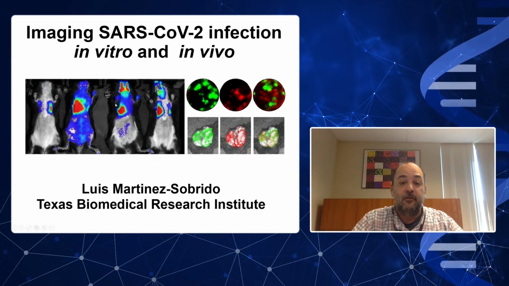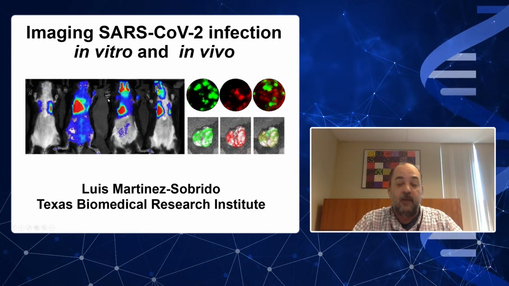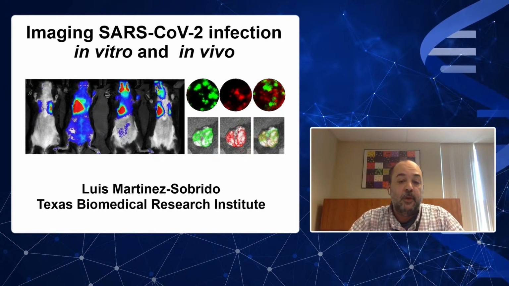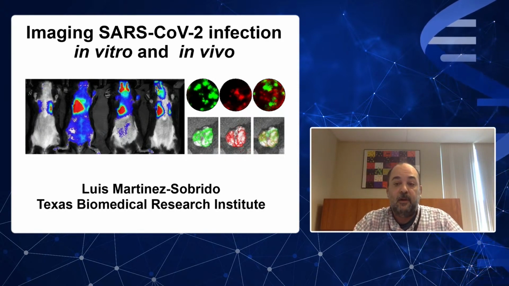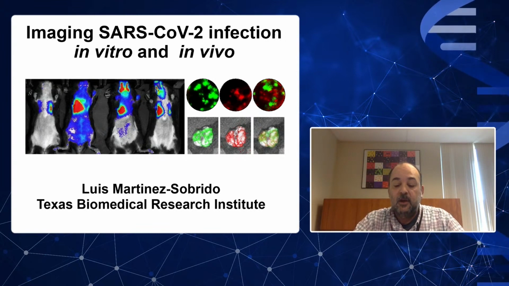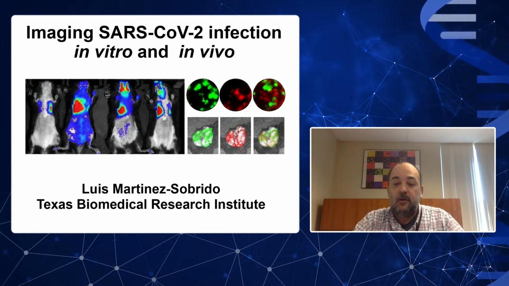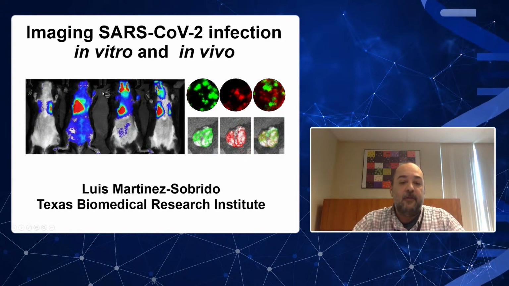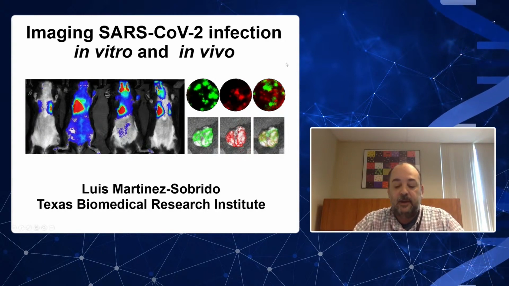Here I show some images that I will show you later of mice infected with one of these recombinant SARS coronaviruses that express luciferase, and how you can use this in vivo imaging system to track viral infection in the entire mouse at different days post-infection.